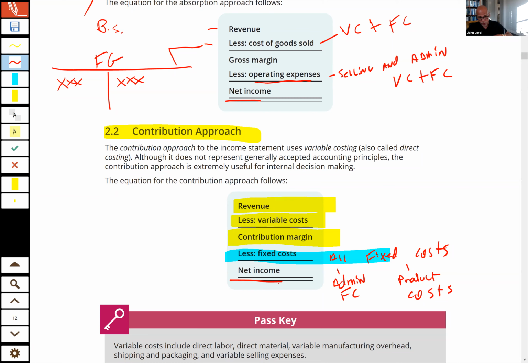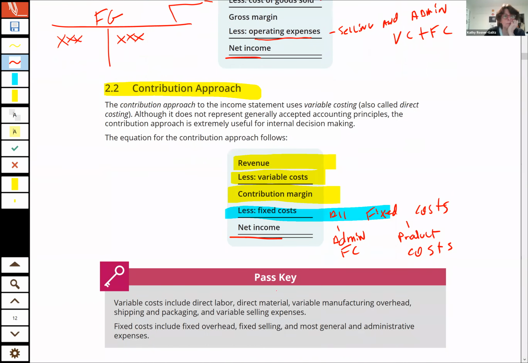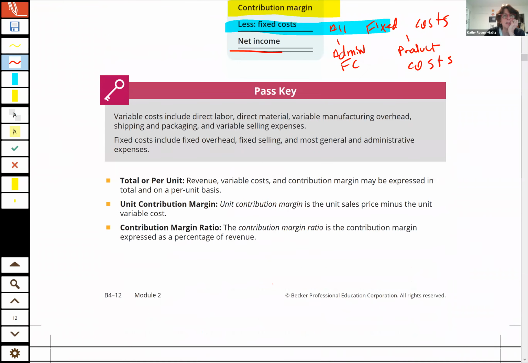So if my inventory levels go down, my variable costing, which is another name for contribution, my contribution approach will have a higher operating income. If my inventory levels stay the same, there'll be no difference between absorption and contribution.